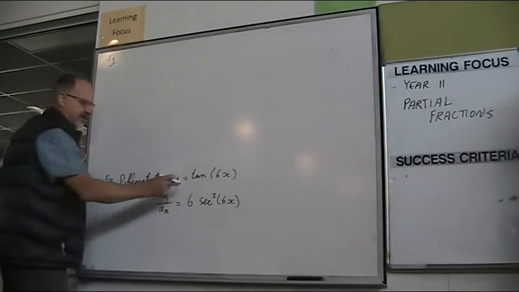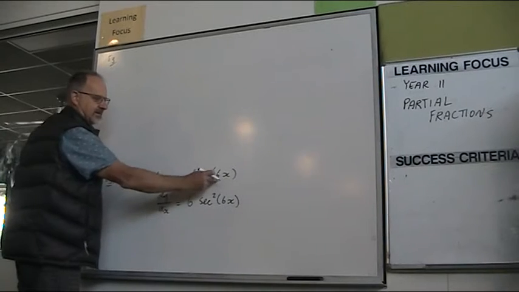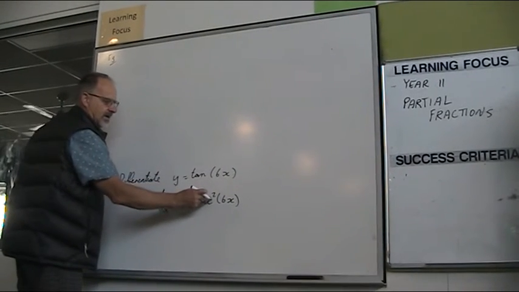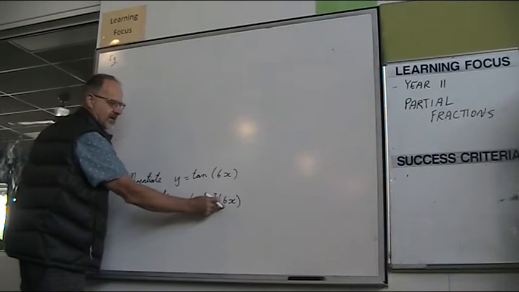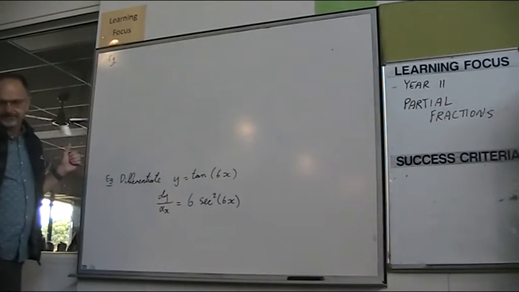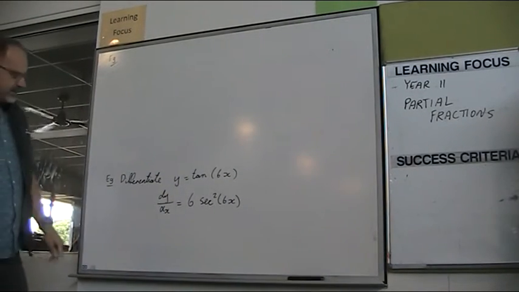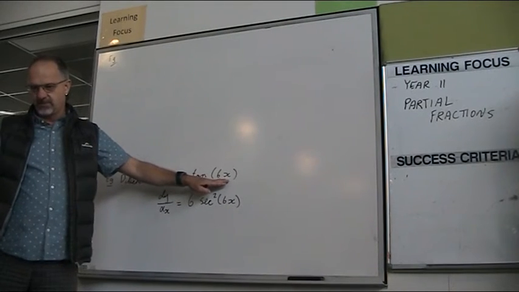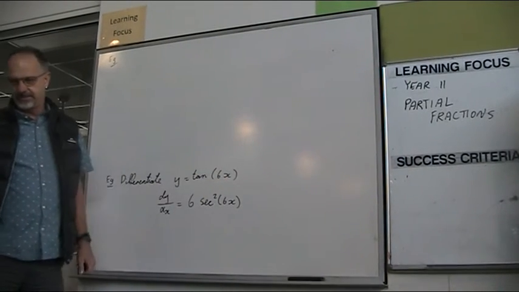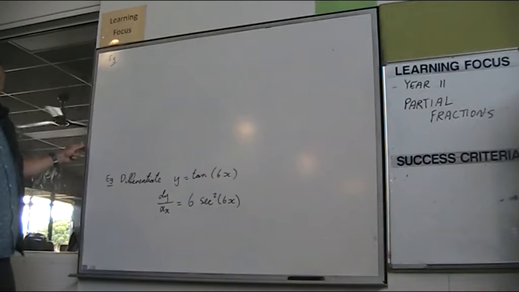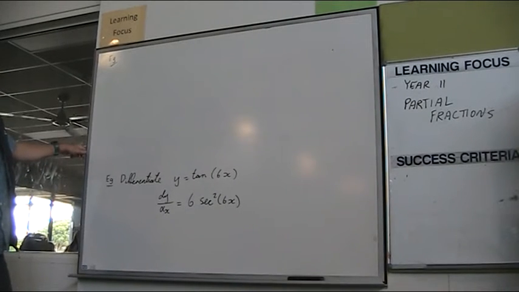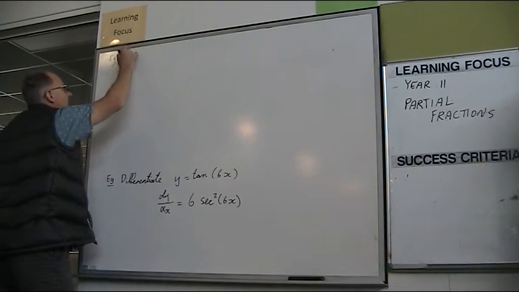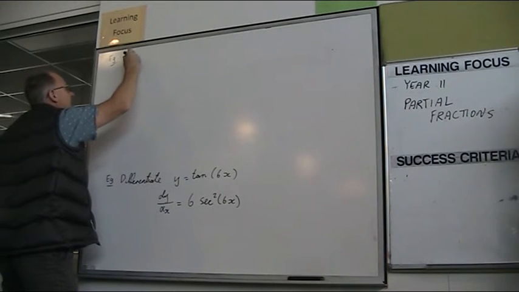The pattern for differentiating tan is this: the constant comes out, and then we've got sec squared of what's in that bracket. That's when what's in the bracket is simple, but if what's in the bracket is not simple, then we need to use some other techniques. So let's have a look at a couple. So differentiate.